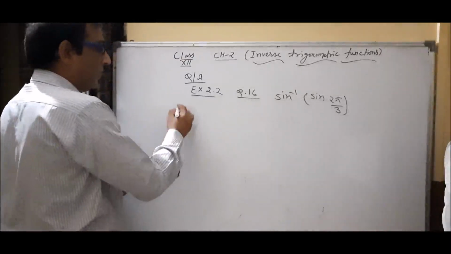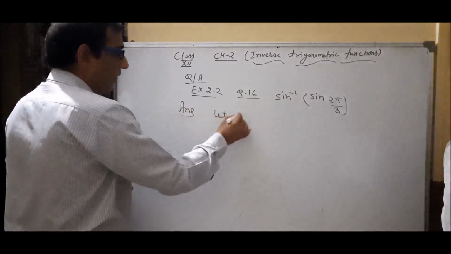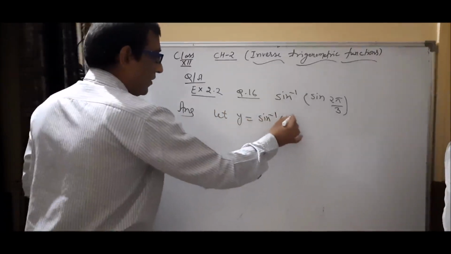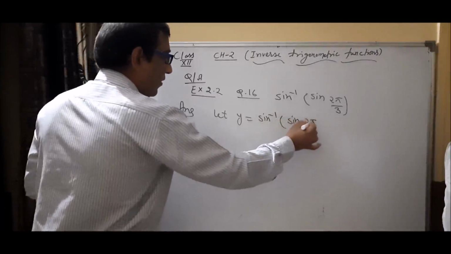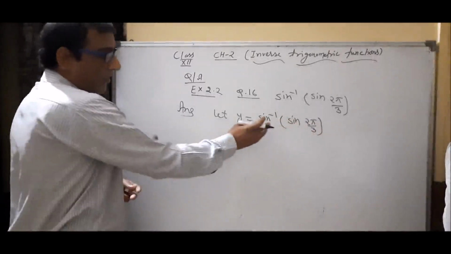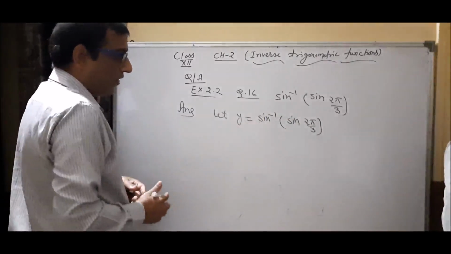So how will we start? How will we give the answer? Let y equals sine inverse of sine 2 pi by 3. As per previous, first we will write the range or principal value branch of the sine inverse function.